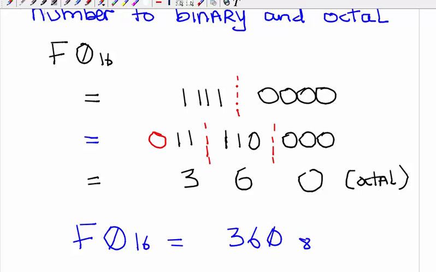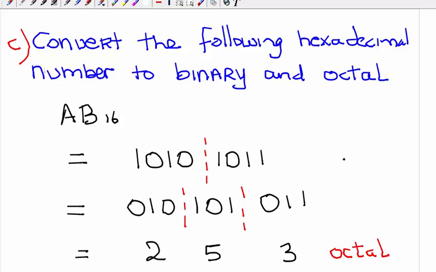Okay, so we'll do 2 more. AB to the base 16. The binary equivalent of A is 1010. The binary equivalent of B is 1011. Splitting them into groups of 3, starting from the right-hand side: 011, then 101, that's the next 3, and then we have 10 left, so we put a preceding 0 in front of that.